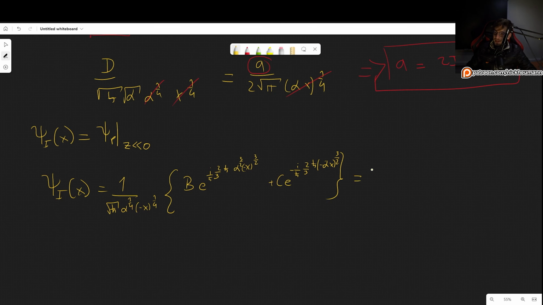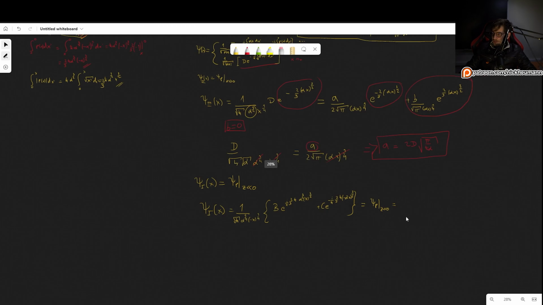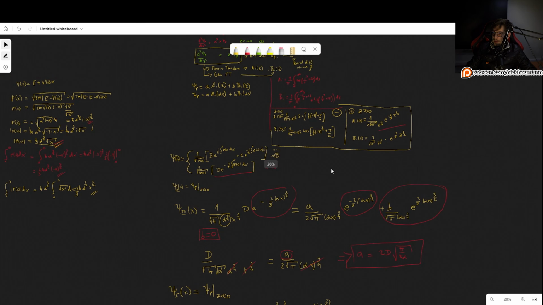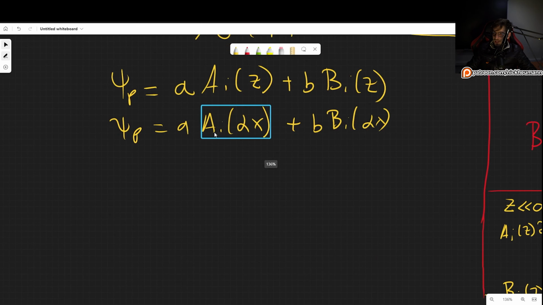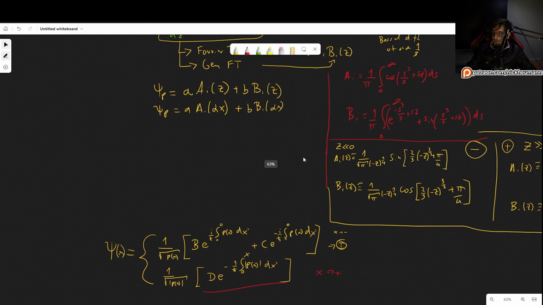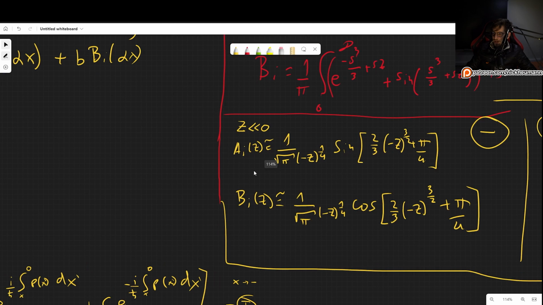And this has to be equal to our patching wave function evaluated when z becomes very, very negative. So that would be, let's go back here. So that would be, of course, a times ai plus b times bi. But in this region, which is this one right there, first of all, we know that b is 0, so we don't need to worry about this. We only need to worry about this part.